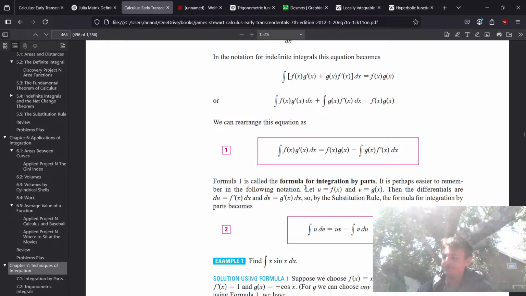Okay, so let u equal f of x, v equal to g of x. Then du is equal to f prime dx, and dv is equal to g prime of x dx.